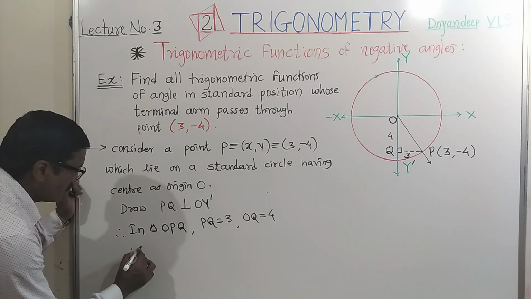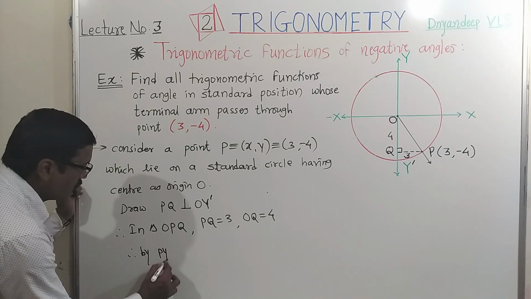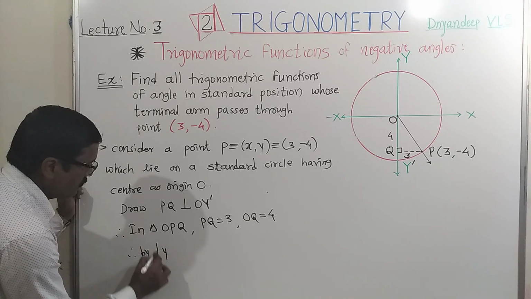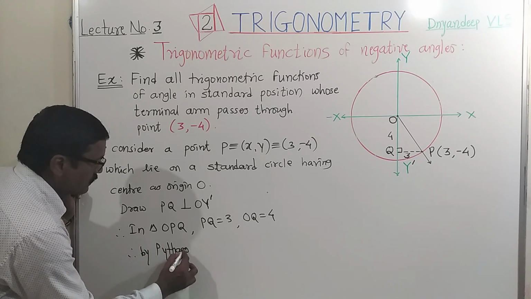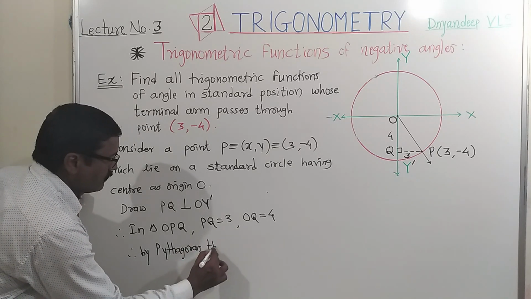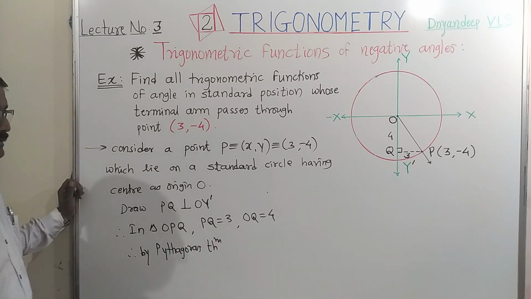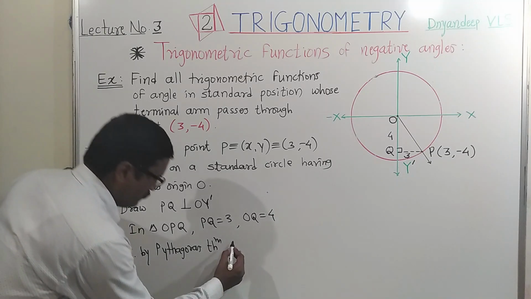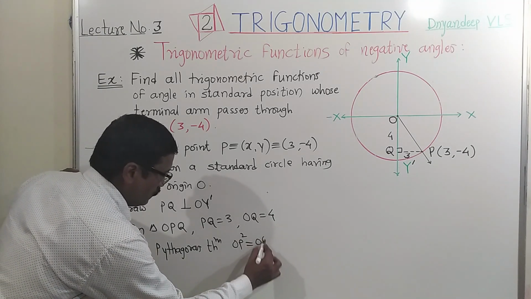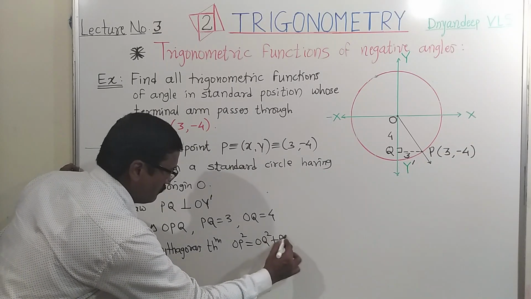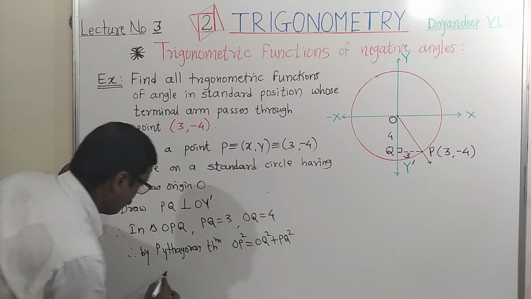Therefore, by Pythagoras theorem, OP square is equal to OQ square plus PQ square.